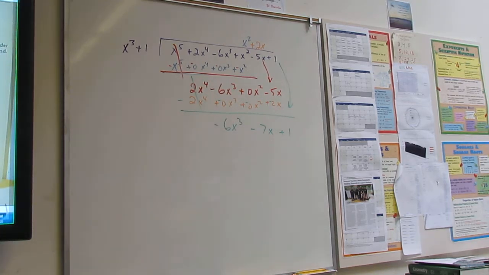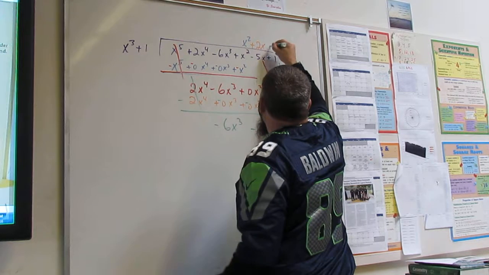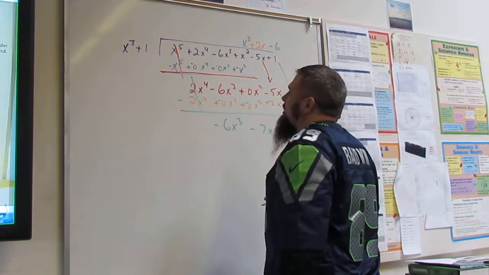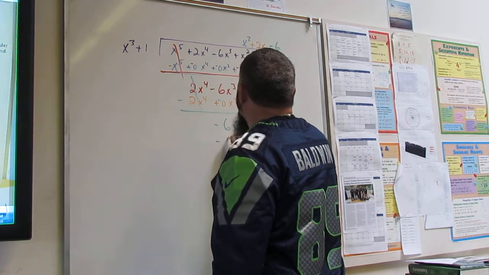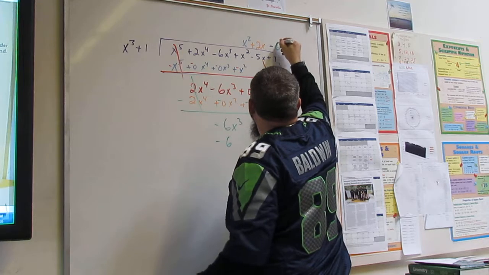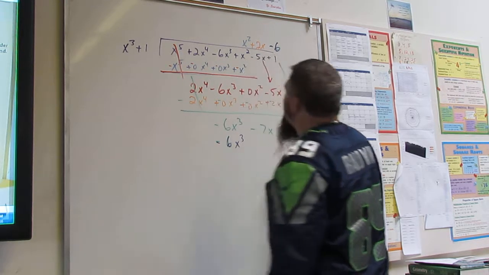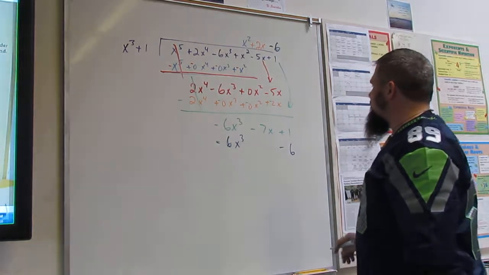I don't know how we're not supposed to get a remainder on this, but we'll see. And then it goes into, so it's minus 6. That gives me a minus 6x cubed, and then minus 6, right?